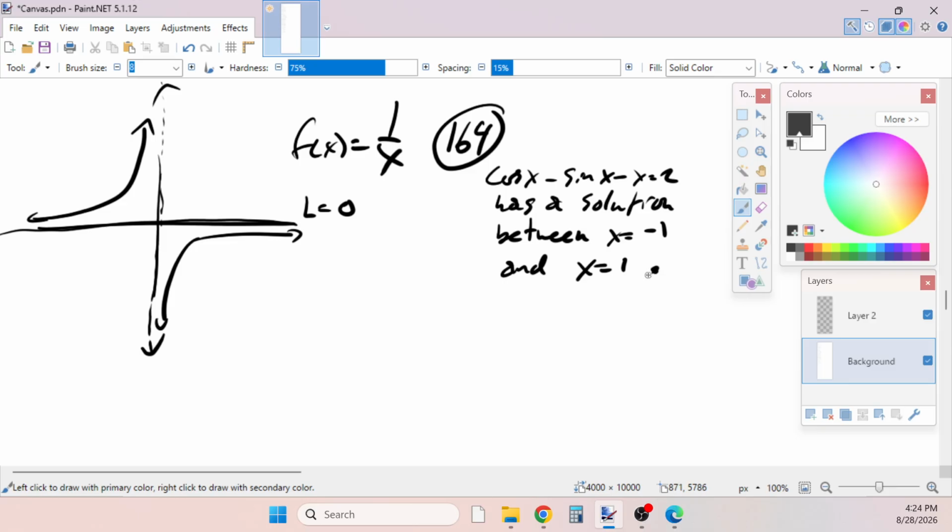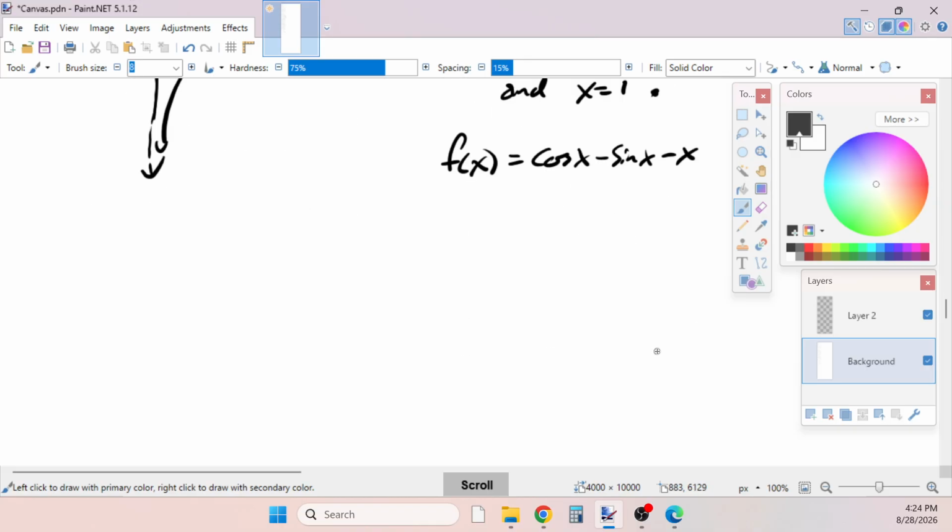So let's try this. First off, I'm going to define a function f of x equals cosine of x minus sine x minus x. This is continuous because polynomials are elementary, so they're continuous. Trig functions are elementary, therefore they're continuous.